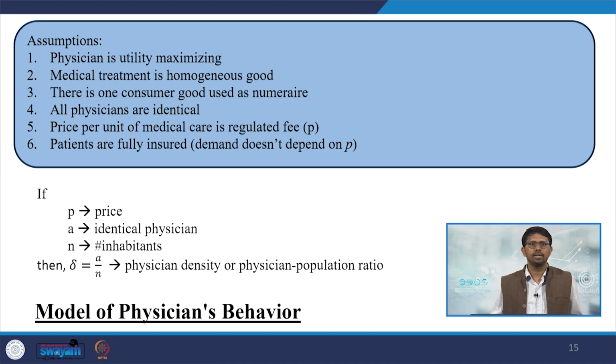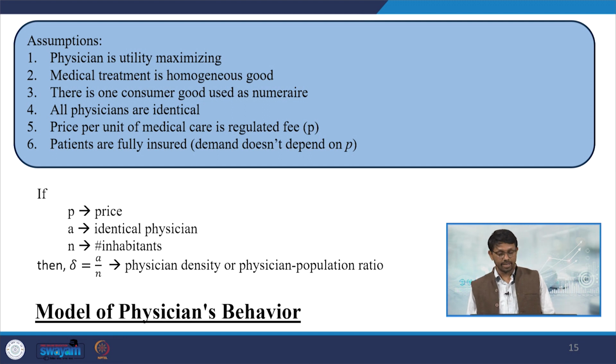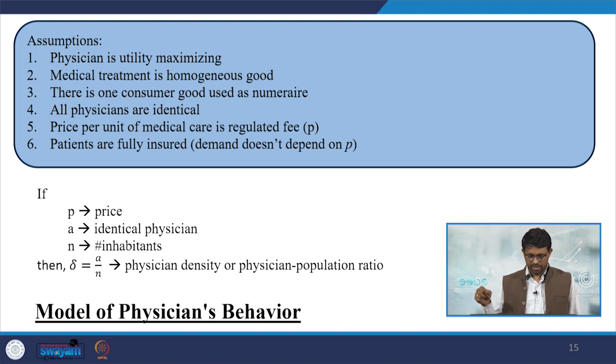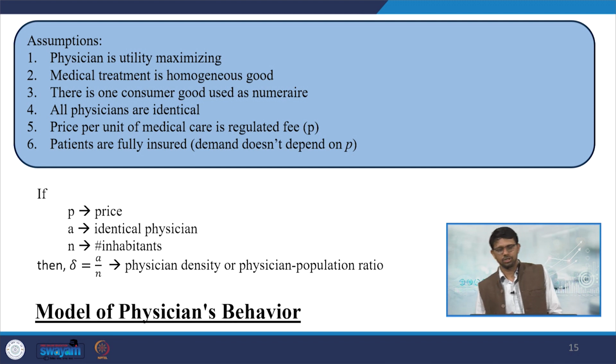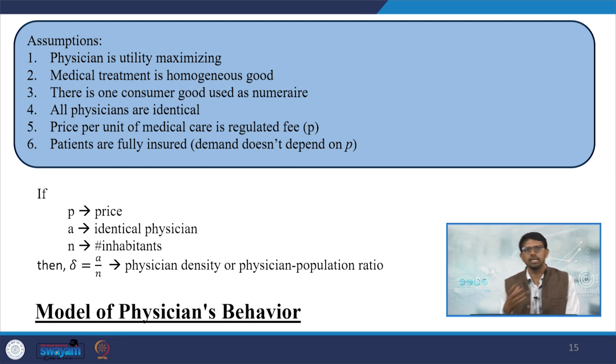Price per unit of medical care is regulated, with a regulated fee P. Patients are fully insured, so the demand does not depend on P. So the demand they are registering, higher or lower, is not really influenced by P. Hence, we can model physicians' influencing behavior, or inducement behavior, through this assumption.